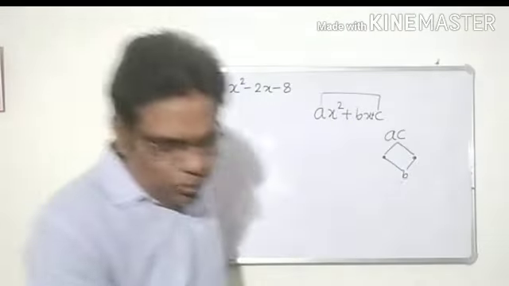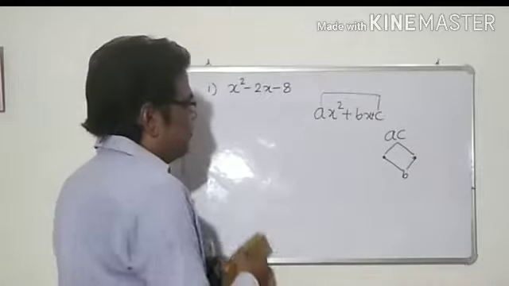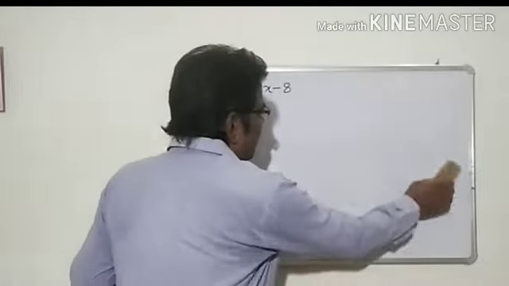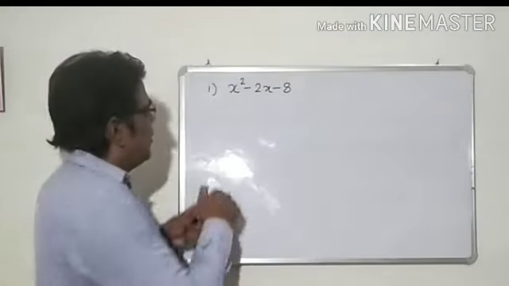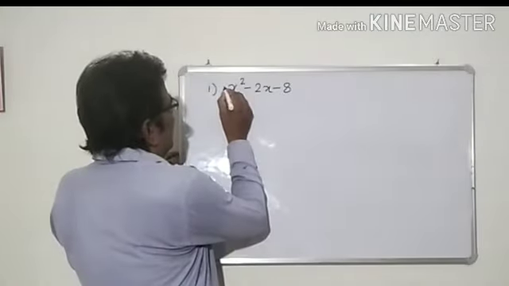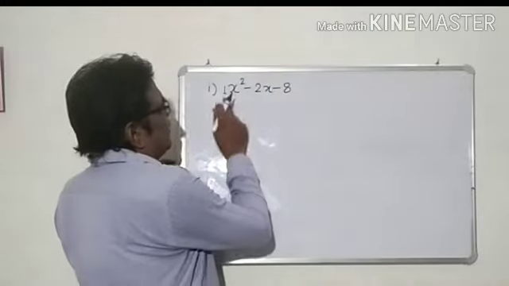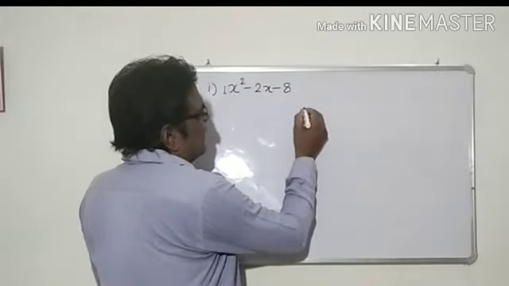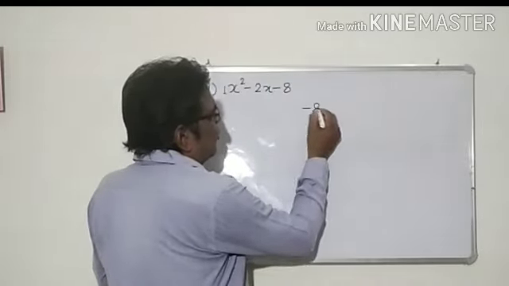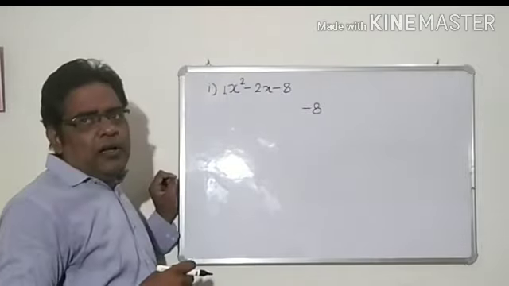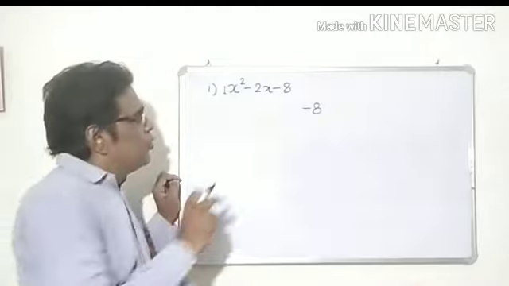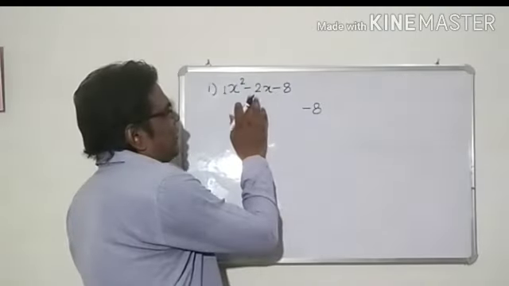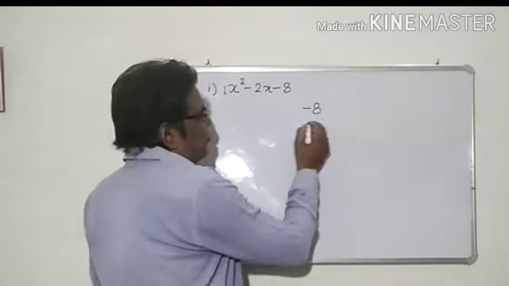So what is the product here? Here the number is 1. So 1 into minus 8 is minus 8. Here you have the product minus 8. Now this minus 8 has to be split into two parts so that when we add them we get minus 2.